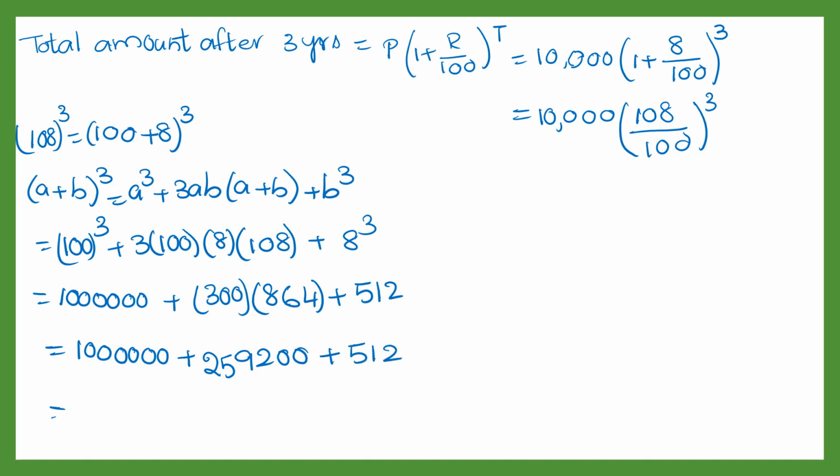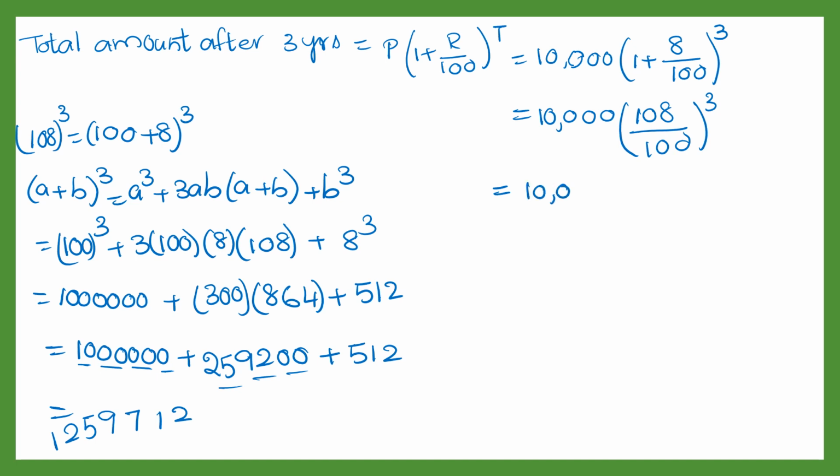If we add, what do we get? Adding the digits, we get 12597112. That is 108 cube.